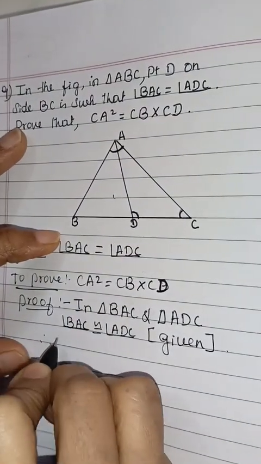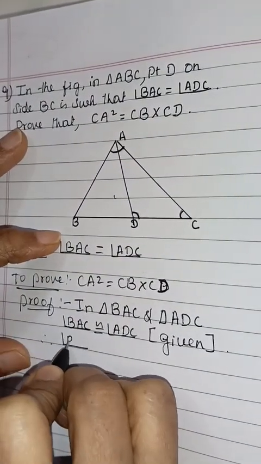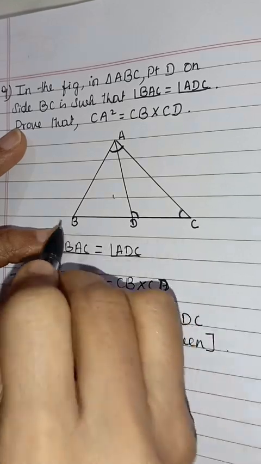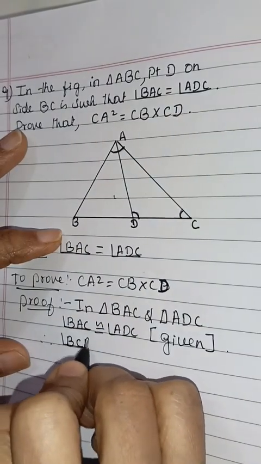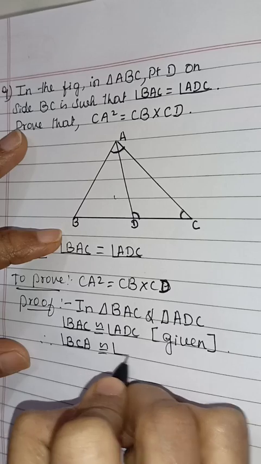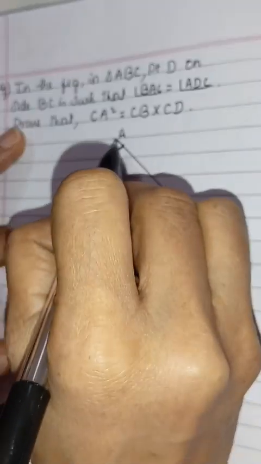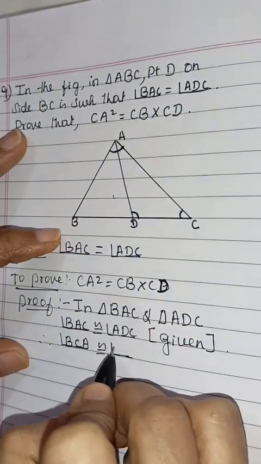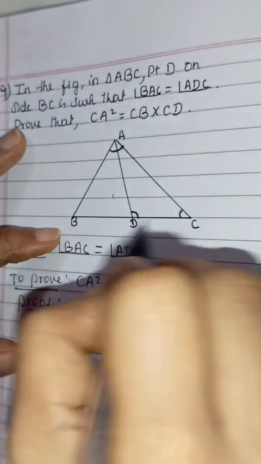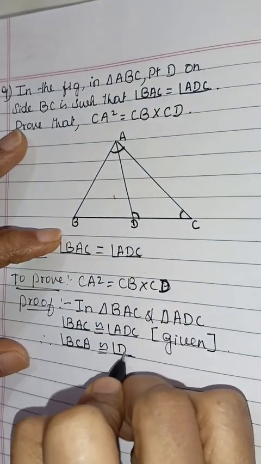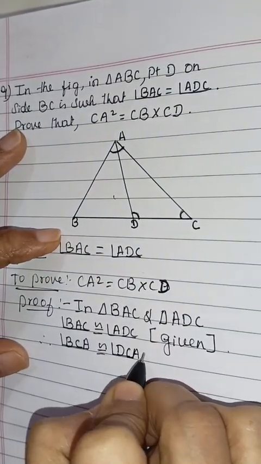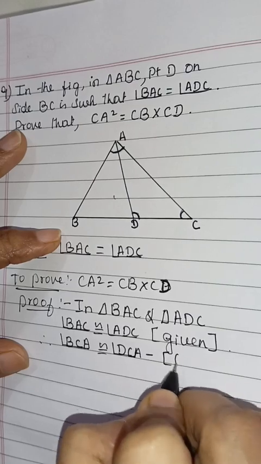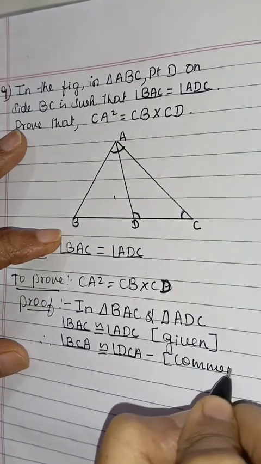Therefore another angle, BCA, is congruent with angle DCA or ACD, anything will do, because it is a common angle.